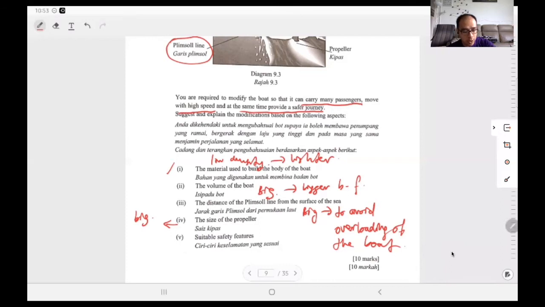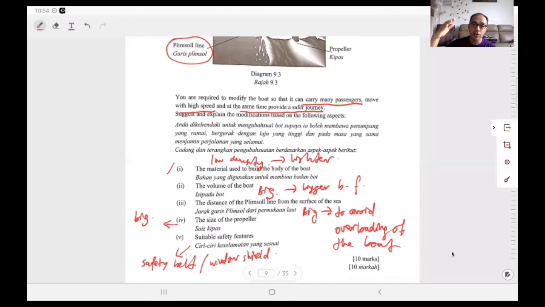Now, other suitable safety features. If you want to carry passengers on the boat, safety features can include a safety belt. You can also have a window shield, because if you're going to move very fast, I don't know if you've ever been to Pulau Manukan or Pulau Sapi, you know that the speedboat goes very fast. And it's pretty annoying if the wind is hitting your face at the same time.